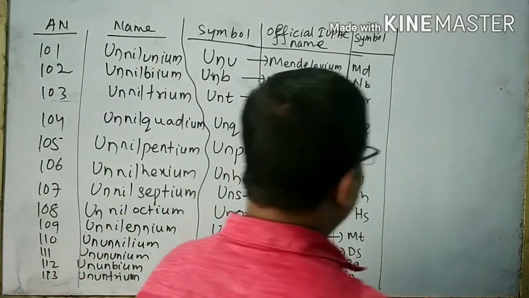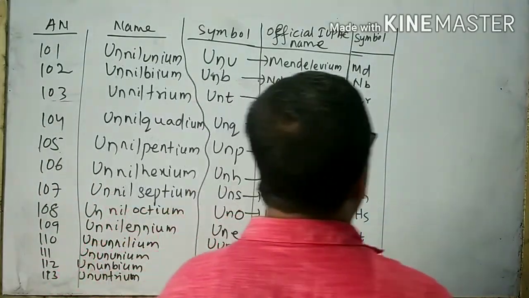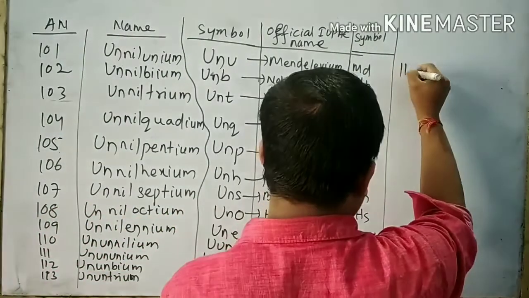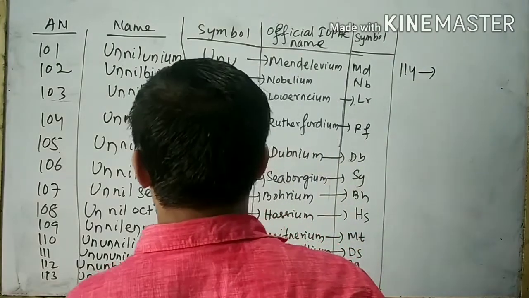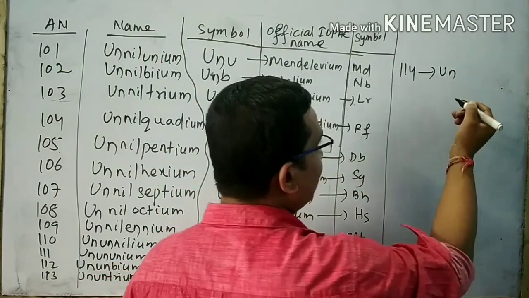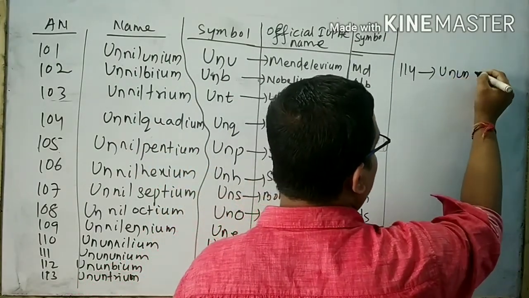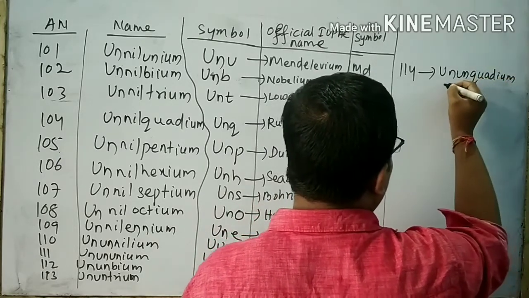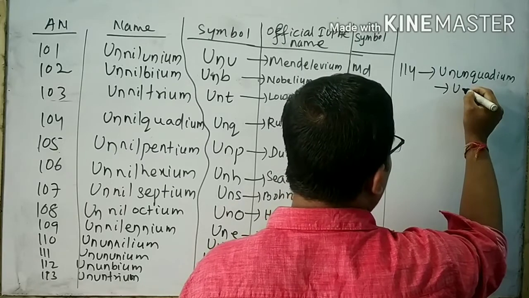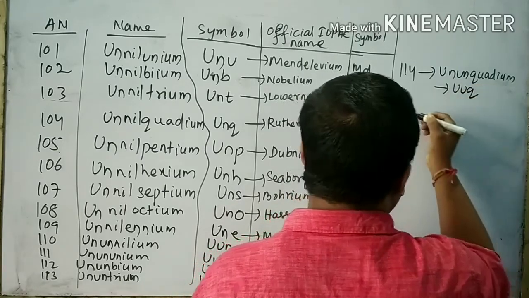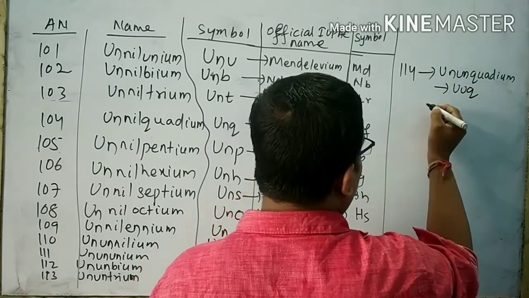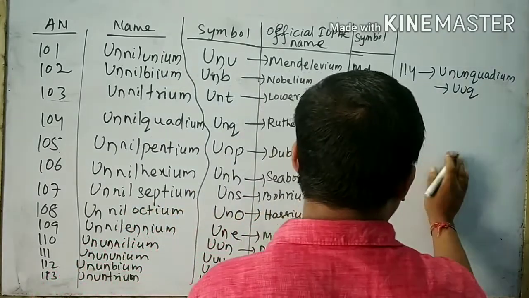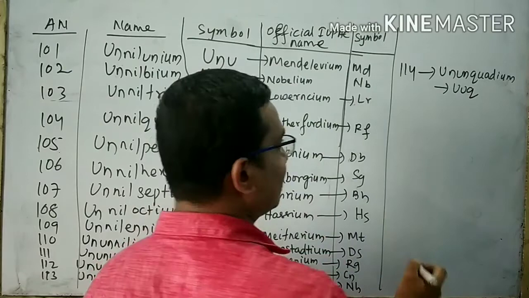Like that, we can also think about the name of the element which has atomic number 114. The name is un un quad, IUM. It has a symbol, that is UUQ, and it also has an official name and symbol.